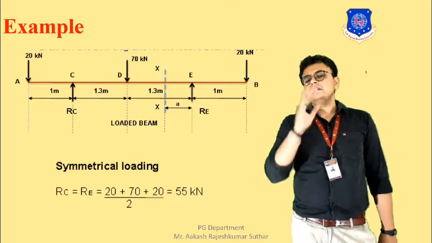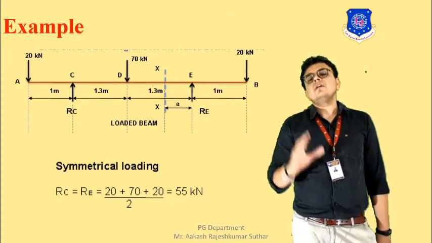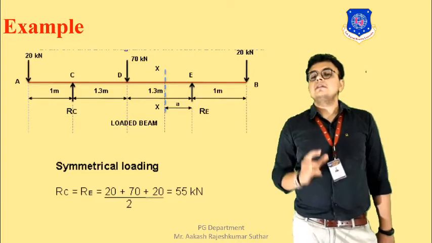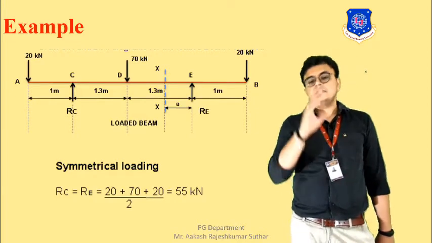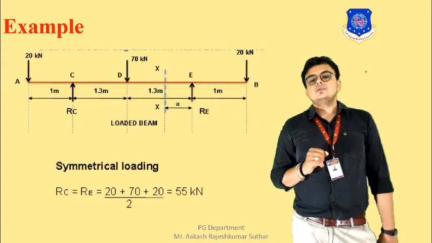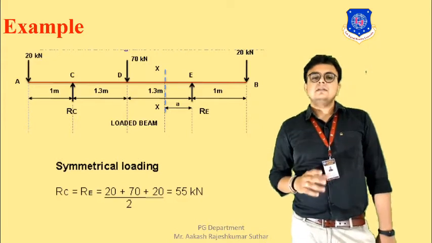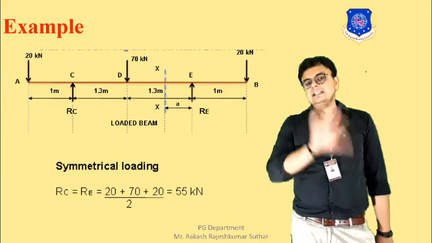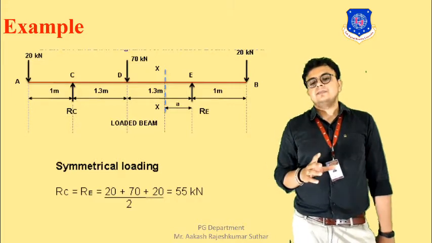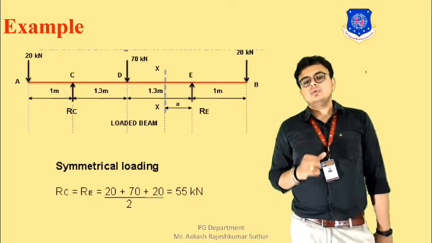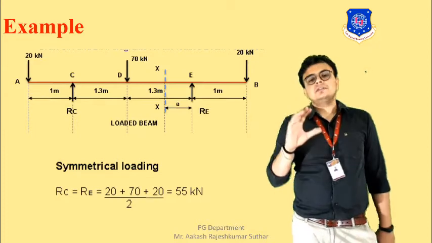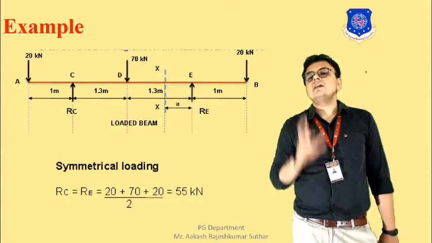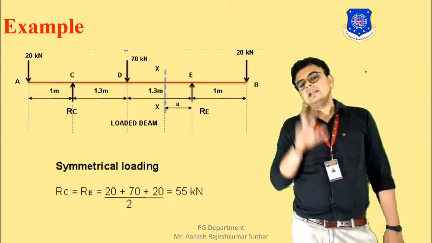As our beam is uniform, the loading is symmetric, and the supports are also placed symmetrically, the reactions at E and C will be the same. Each will be equal to the summation of all the loads divided by 2, because we have 2 reactions.